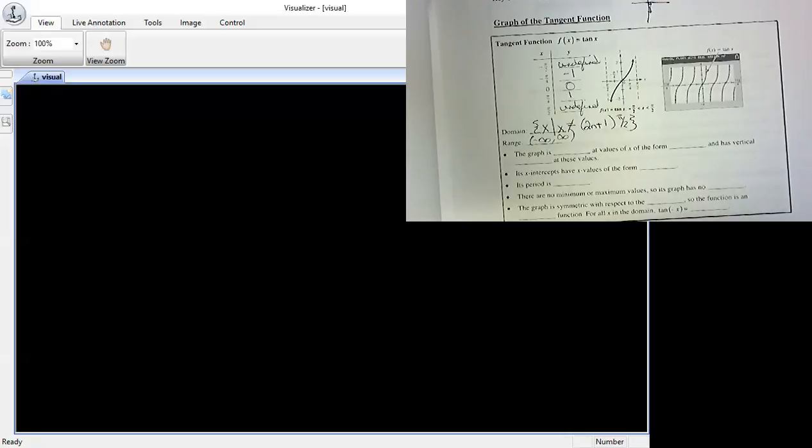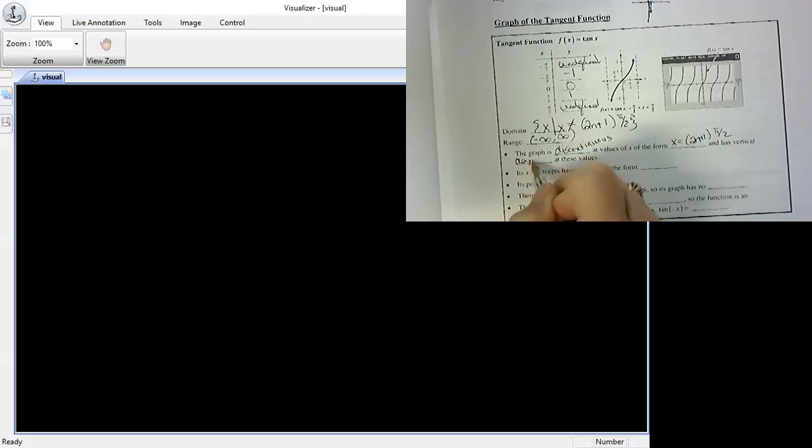What I do know is that my graph is discontinuous. We have those asymptotes at values of x in the form x equals 2n plus 1 times pi over 2, because that's how we figure out where they are. And those are vertical asymptotes at those values.